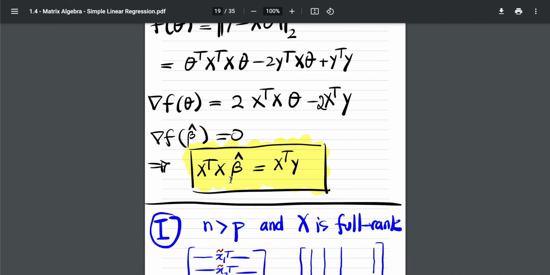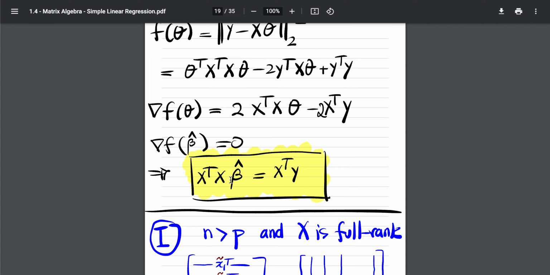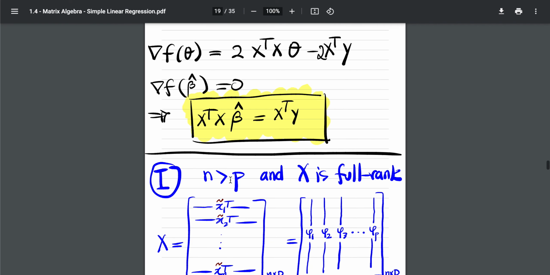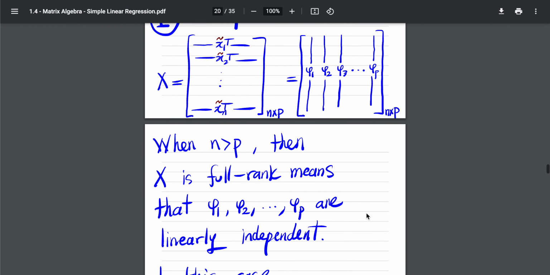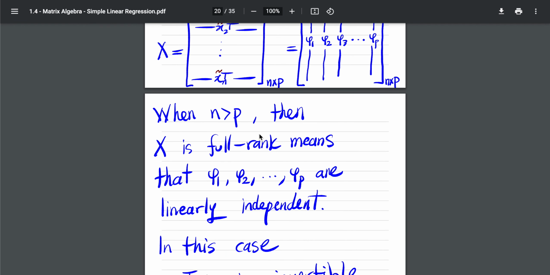Sometimes this equation has only one unique solution, sometimes it has no solution, sometimes it has infinitely many solutions. It has a unique solution when n is greater than or equal to p, and X is full rank, meaning that the columns of X are linearly independent.